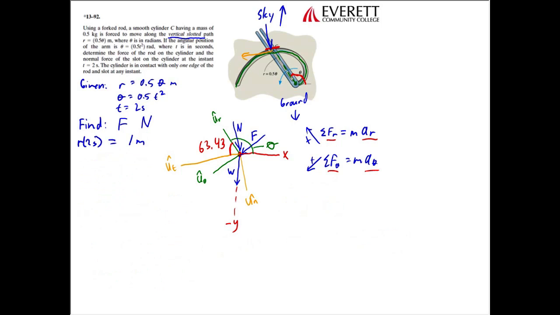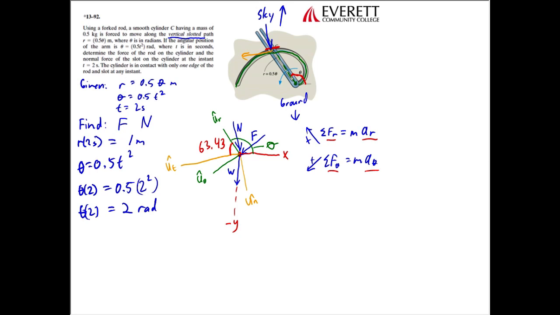Okay, and there's one more angle we need, which of course is theta. So we will just say theta is equal to 0.5 t squared. Theta at 2 seconds, which is the instant we're looking at, is equal to 0.5 times 2 squared. So theta at 2 seconds is equal to 2 radians.